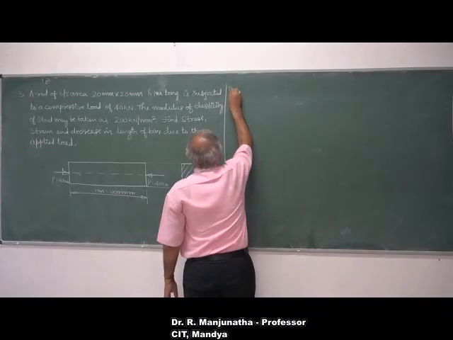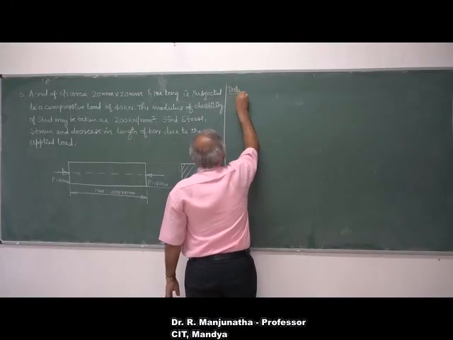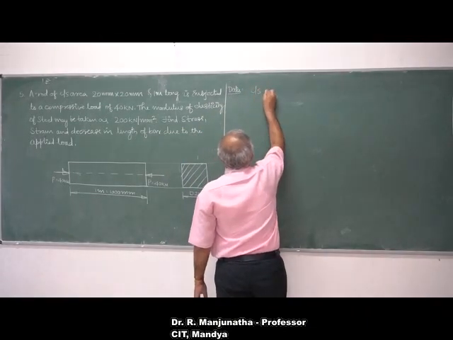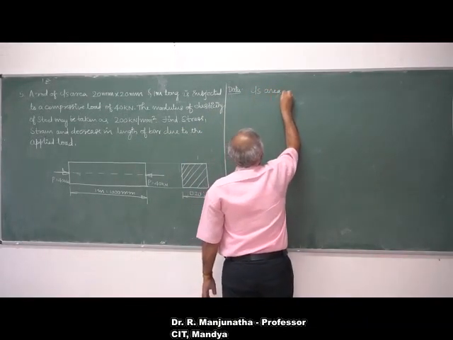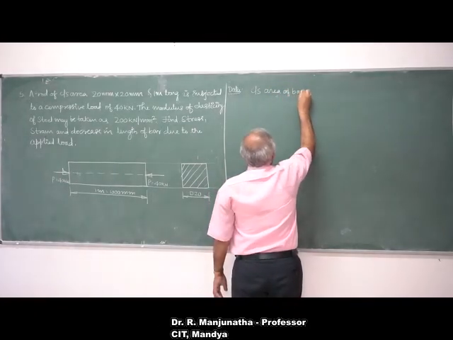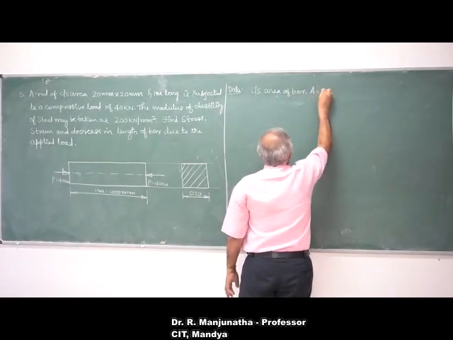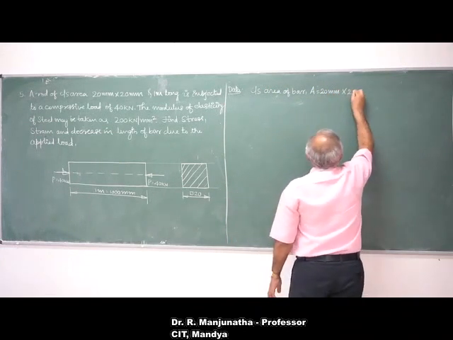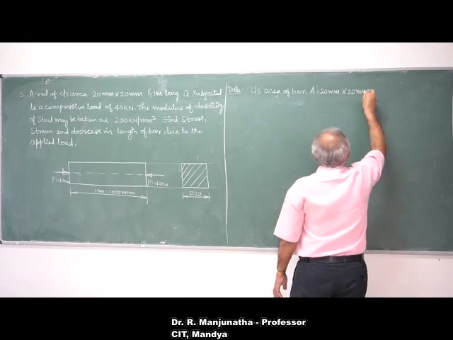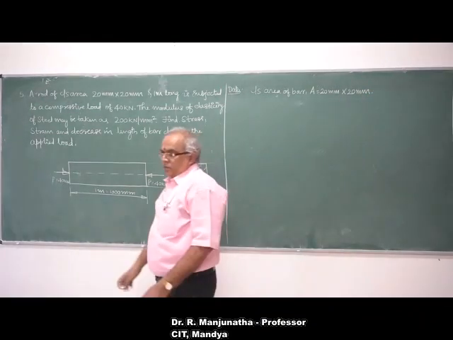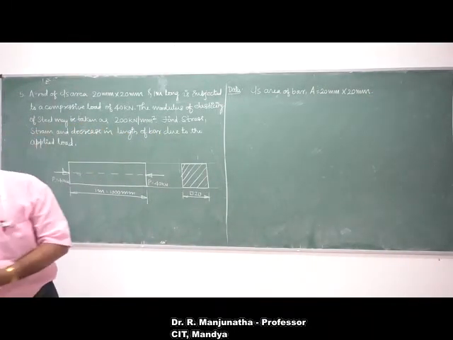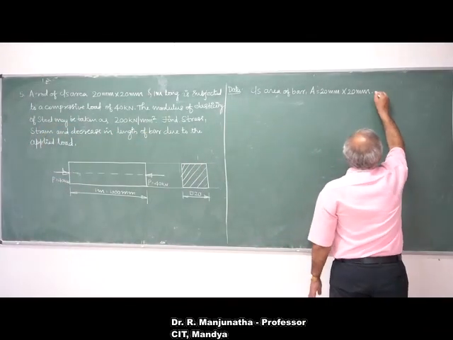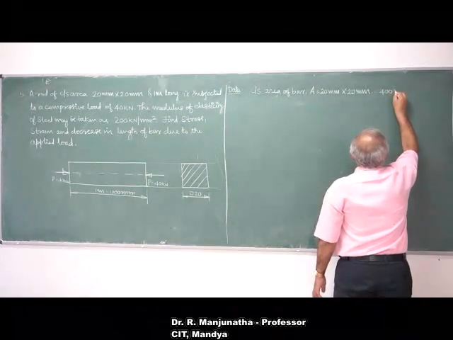The data part, we have cross-sectional area of bar, which is capital A, 20 mm by 20 mm, which is a square cross section. So here it will be 400 mm square.